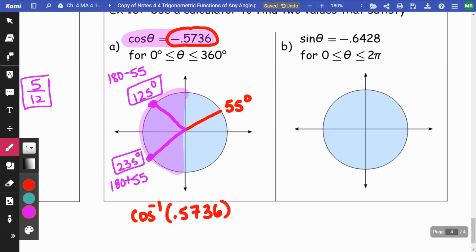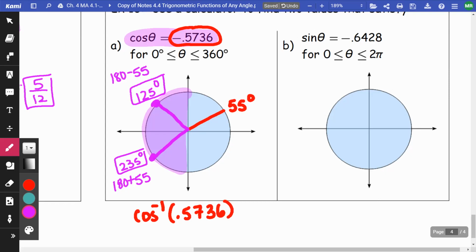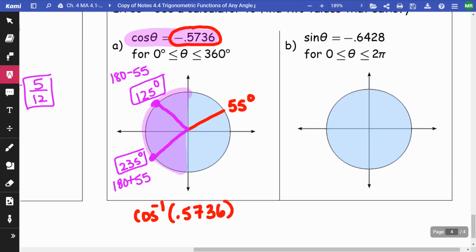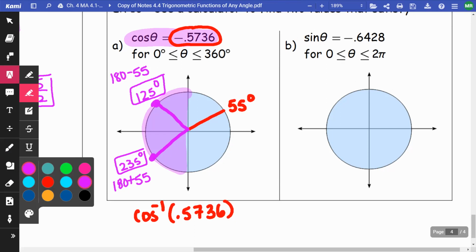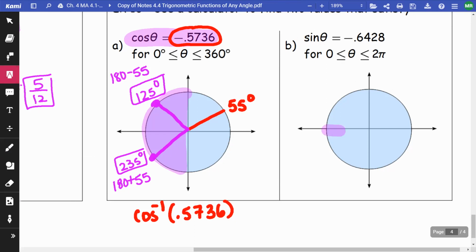On the next one, I'm going to be doing sine, and they want us to figure out where sine is negative. My sine is going to be negative in quadrants 3 and 4, so I'm going to be somewhere in 3 and 4. This is what I'm looking for.